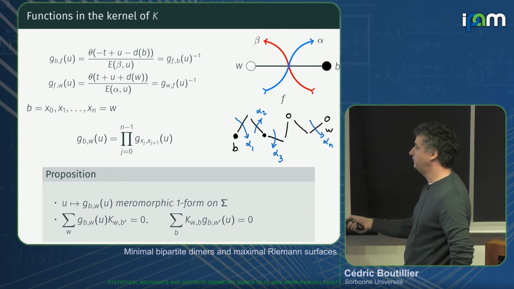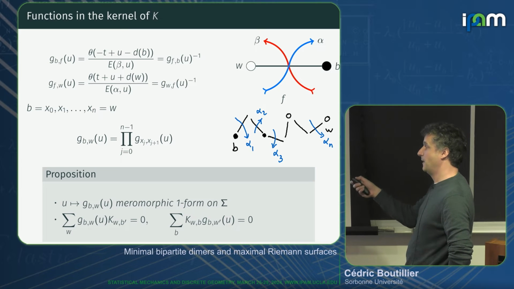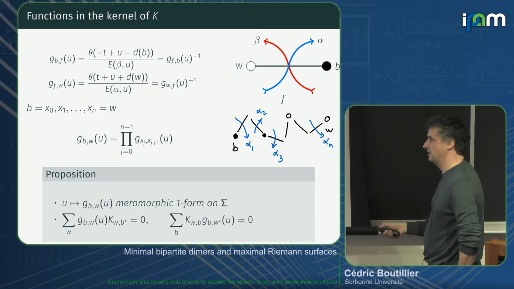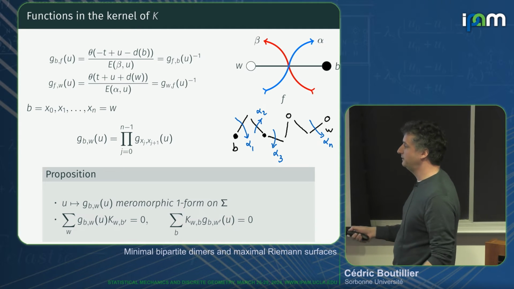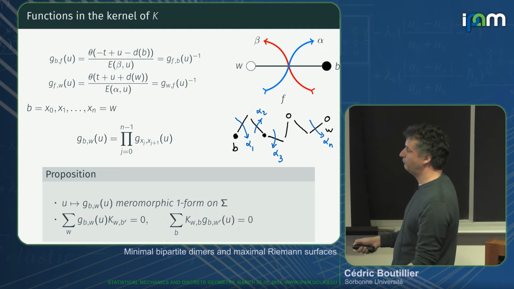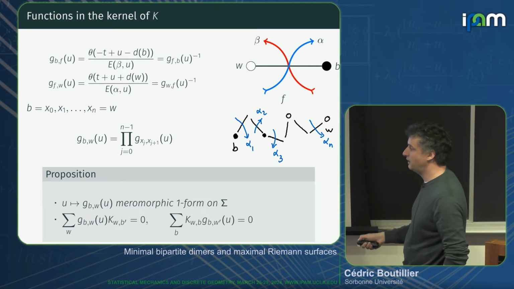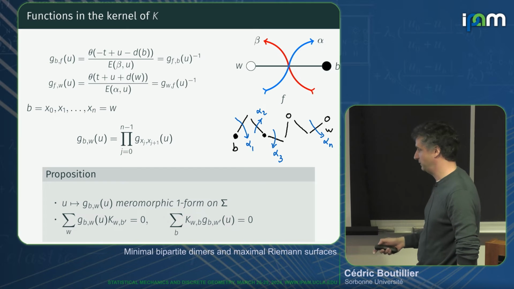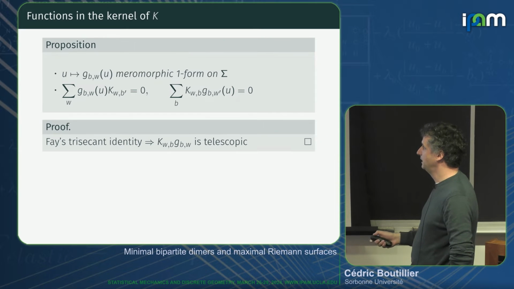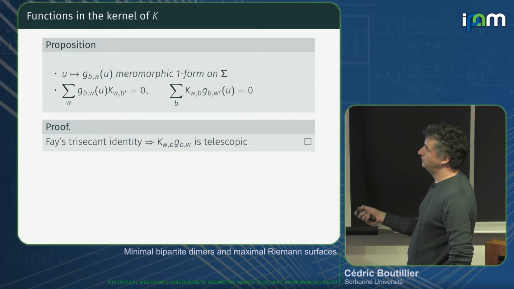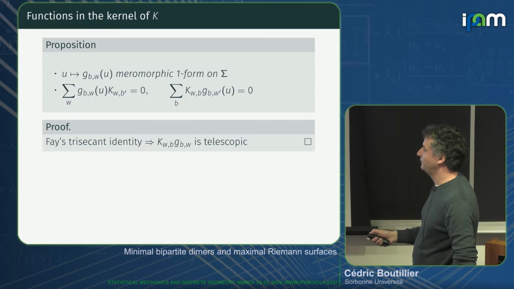And the fact is that these functions, as a function of u, are meromorphic one-forms on the surface. But if you fix u and look at this as a function of either the black vertex B or the white vertex W, they are in the kernel of the Kasteleyn matrix. Okay, so what is the proof of this fact?